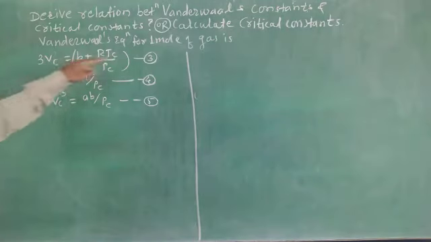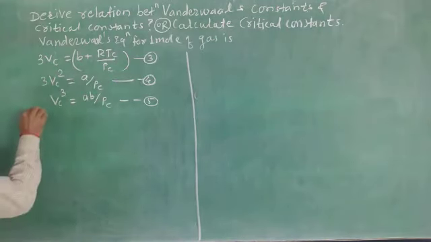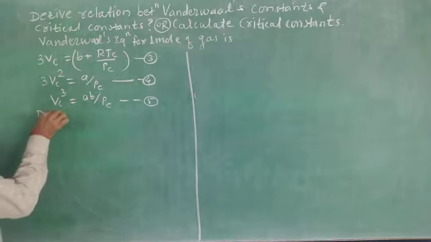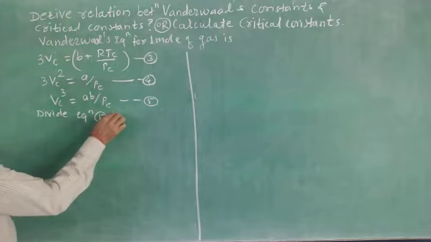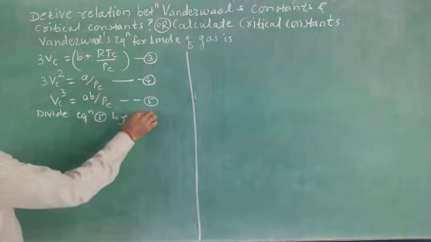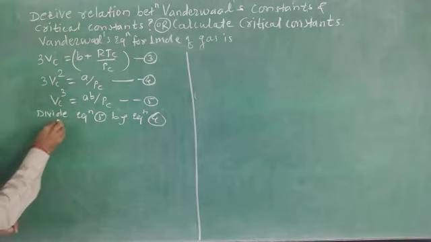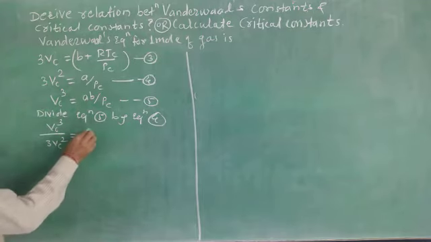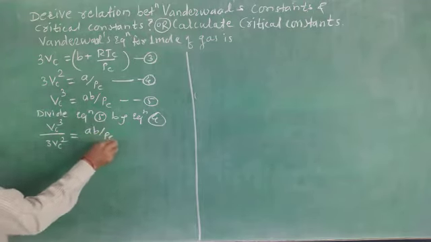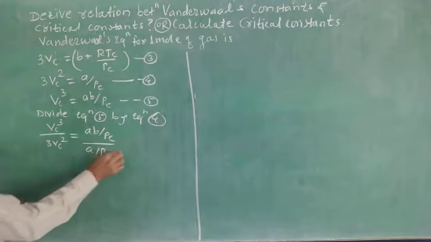See equations 3, 4, 5. Now divide equation 5 by equation 4. What is equation 5? Vc cube upon 3 Vc square is equal to AB upon Pc upon A upon Pc.